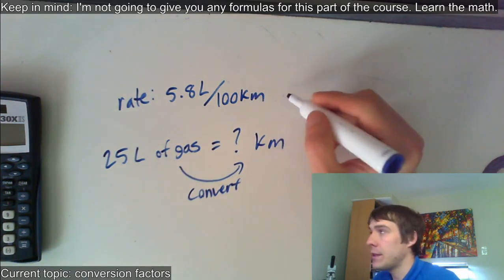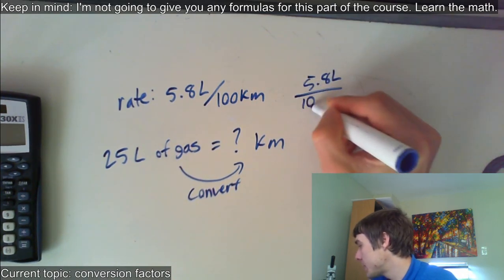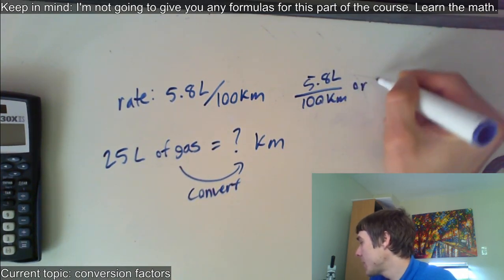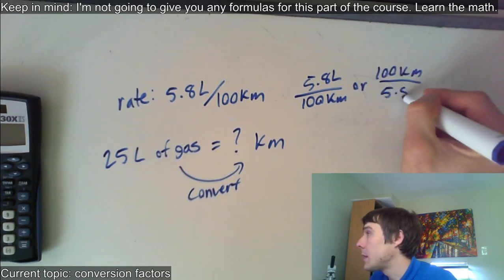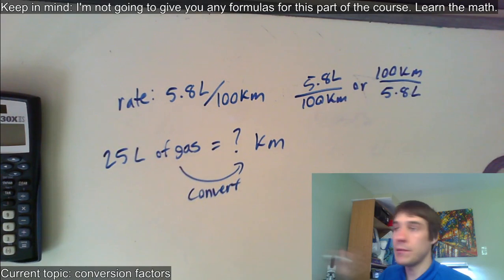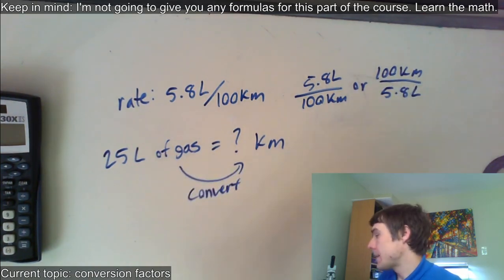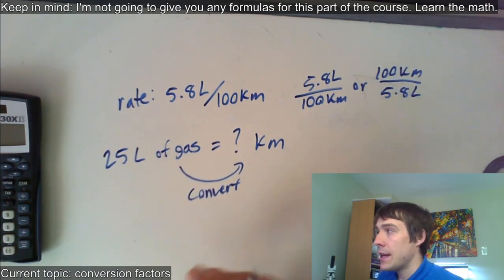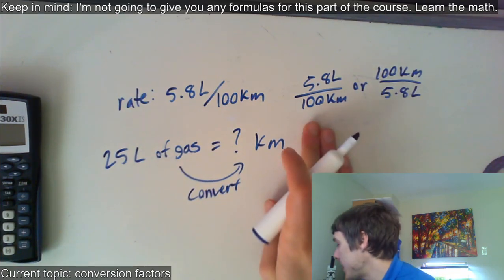It's important to note that this thing is reversible. This is 5.8 liters per 100 kilometers, or 100 kilometers per 5.8 liters. Fractions work like that. We can flip our fractions, and they maintain the same ratio. I want to convert 25 liters of gas to some amount of kilometers. There's two ways to do this. We're going to go through both. This is the way that I prefer.